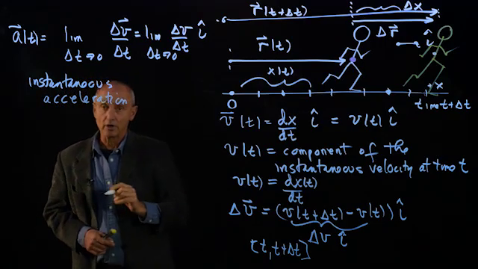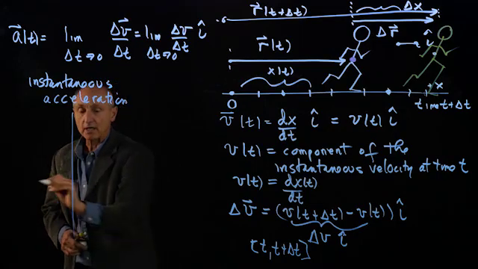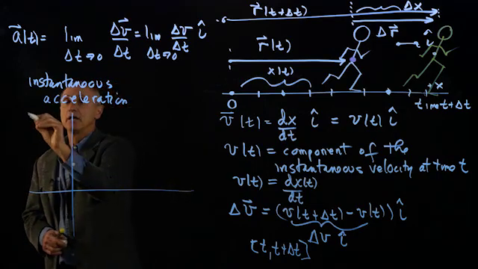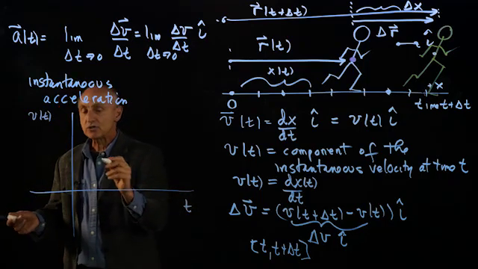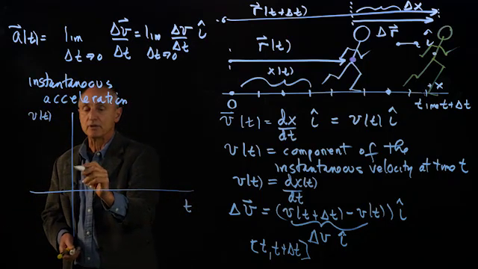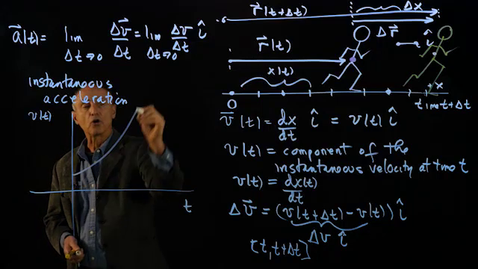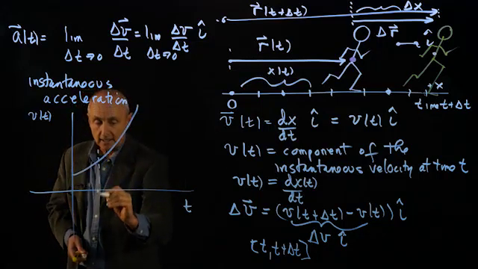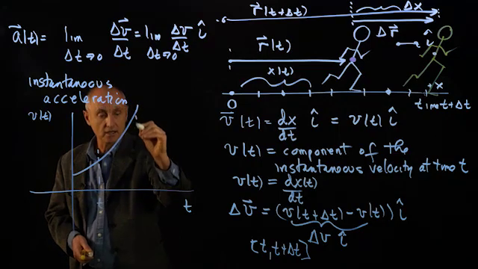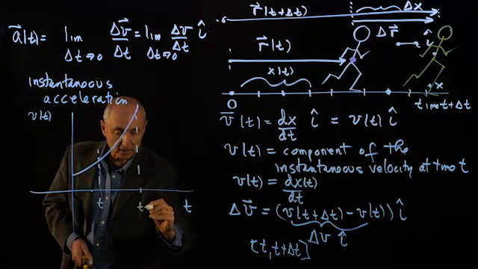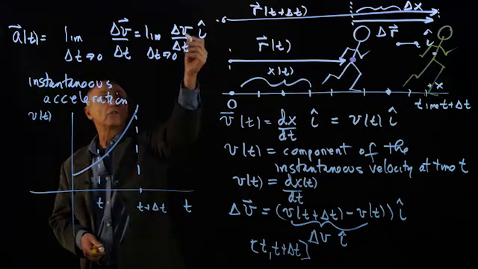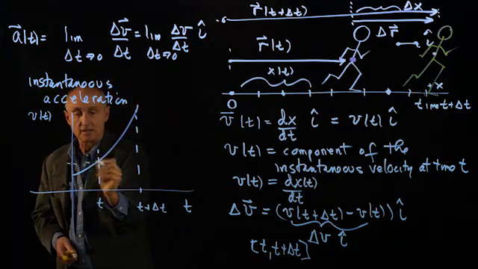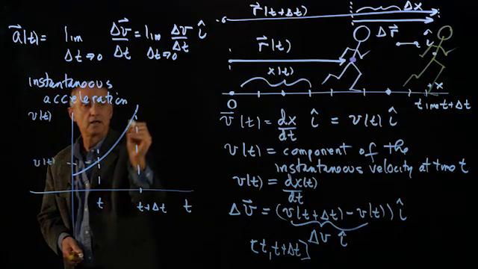Now, as before, what we're doing is plotting the component of the velocity as a function of time. Let's just say, again, that we have some unusual function. I'll just draw it like this. And here's the picture at time t. Here's the picture at time t plus delta t. This change, delta v over delta t, this is v at t.